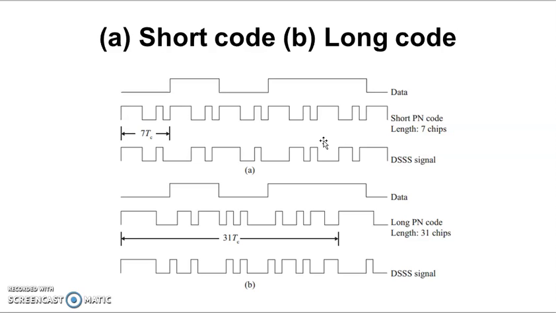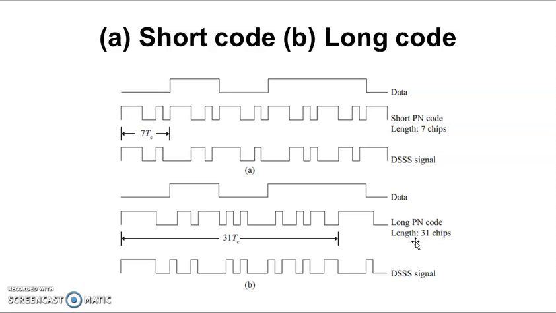This aperiodicity of the waveform makes the DSSS signal more complex, more complex for what? For detecting the periodic short code modulated data.